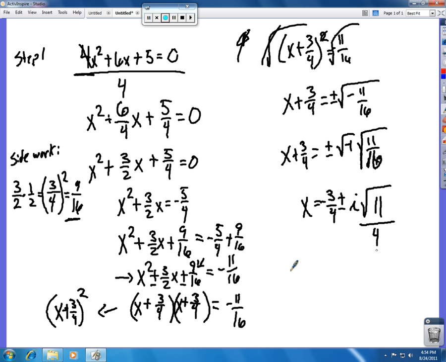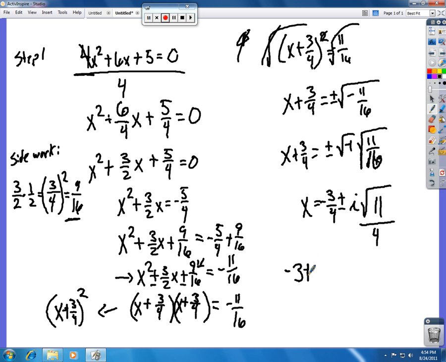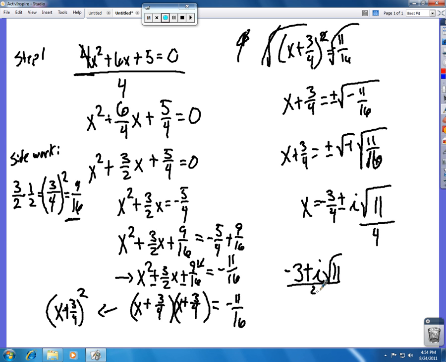You've got negative 3 plus root 11. Oh, I forgot the i, sorry. Sorry about that. Trying to think of every little step here to show. Negative 3 plus i root 11. And because we simplified the square root of 16 over here, and down here we can see that they both have the same denominator, you can write it like this, where it's all over the same denominator.